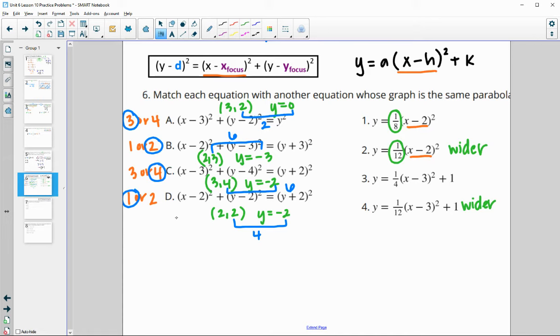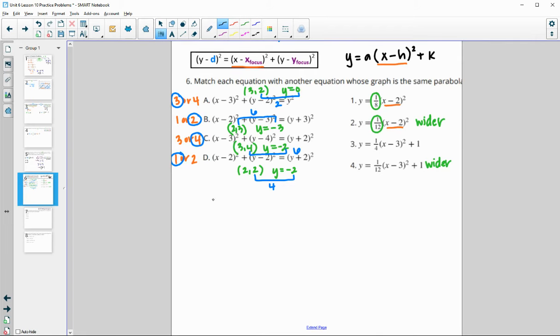Another way would be to multiply and get all of these in vertex form. Whatever strategy you would like to use is fine. Let me do one where I multiply it out into vertex form in case that's what you were wanting to do.